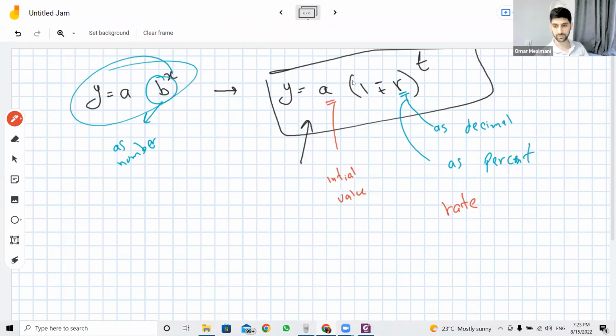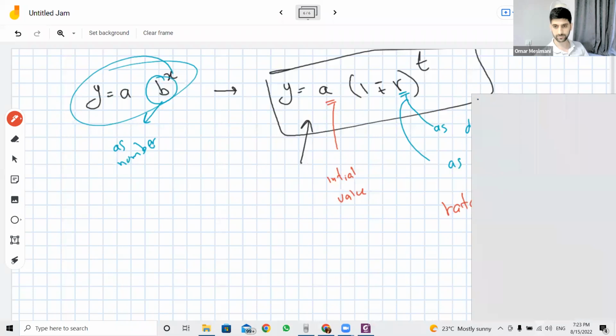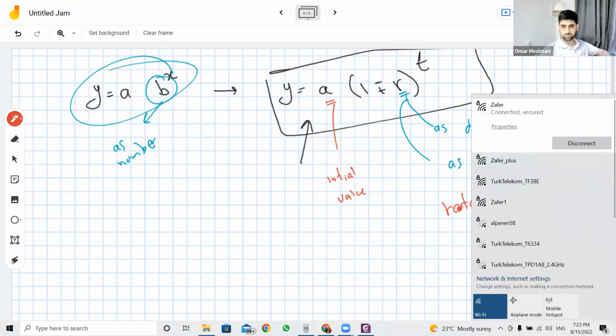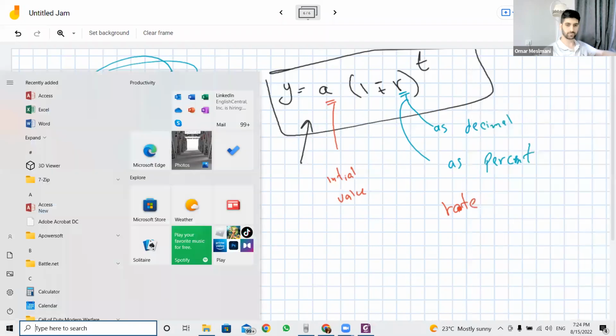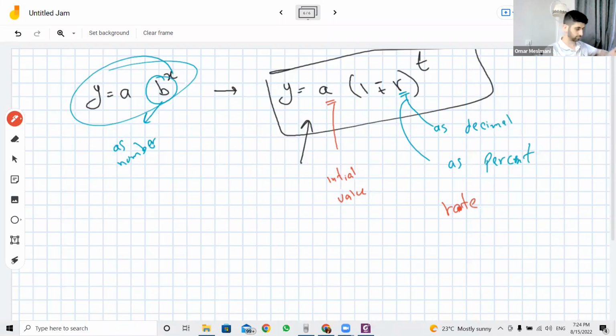The connection is so bad. You have a voice?